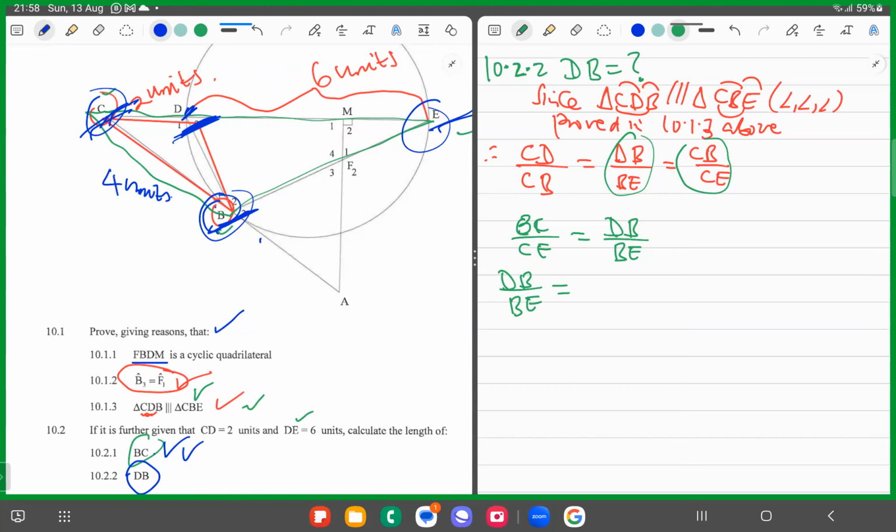Okay, so what can we observe out of this? DB over BE. BC we already got, 4 units. CE we already got.